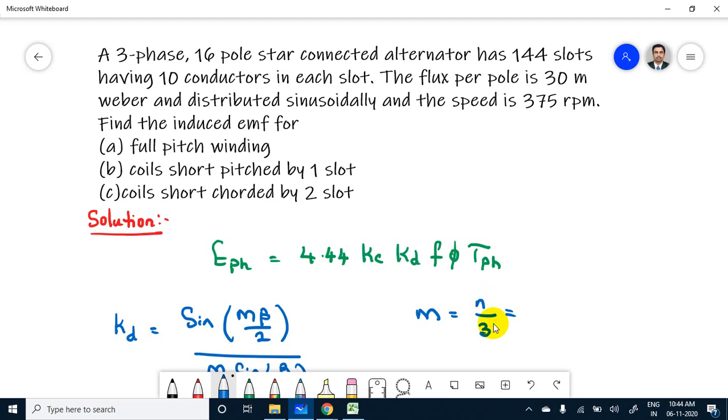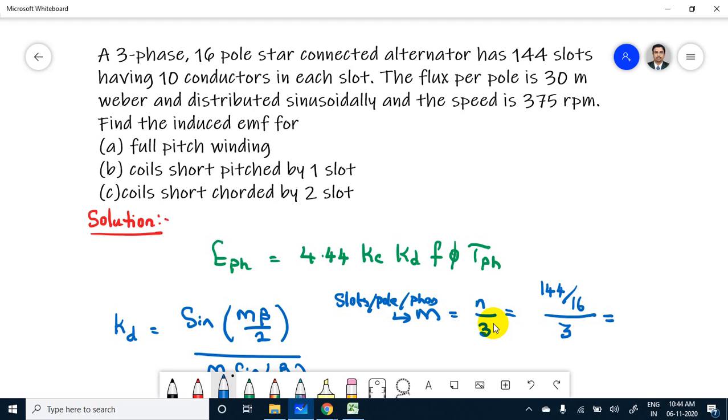N is how much? Number of slots, how many? 144, divided by m, slots per pole per phase, that is m. Okay, so 144 divided by poles, how many poles? 16 poles. 144 divided by 16, whole divided by number of phases, which is 3.